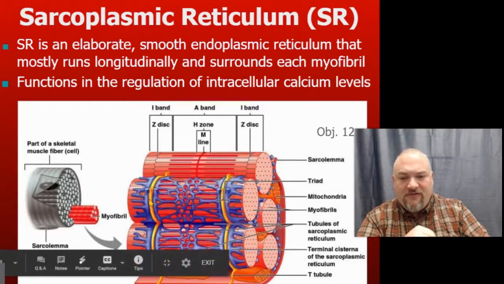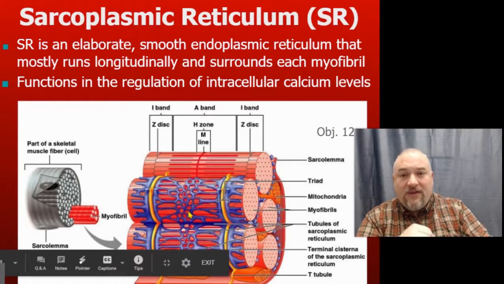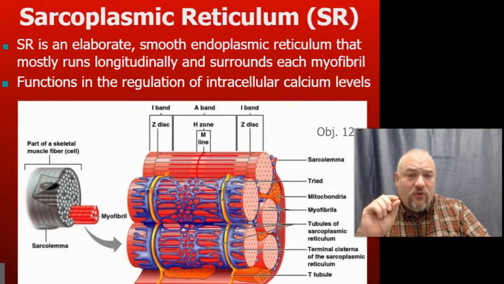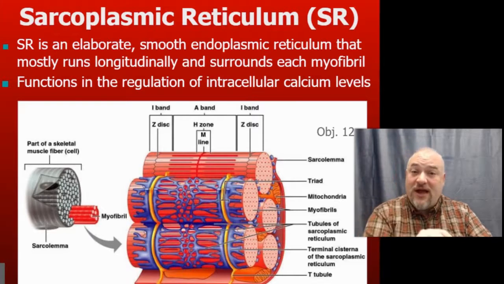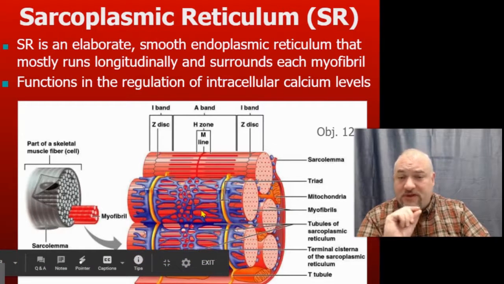So it's running along the myofibril here on the outside of it, kind of a big old network. What it does is it functions in regulating the calcium levels within those cells. Those calcium levels are going to be critically important for determining when those cells contract and when they relax, and we'll get to that in the next section. But the sarcoplasmic reticulum is the thing that controls that calcium level.